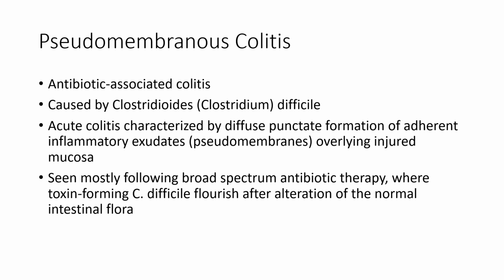And this bacteria releases toxins, and these toxins cause the development of purulent pseudomembranes, hence the name pseudomembranous colitis. These pseudomembranes are made up of an adherent layer of inflammatory cells and debris that adhere to the injured colonic mucosa.